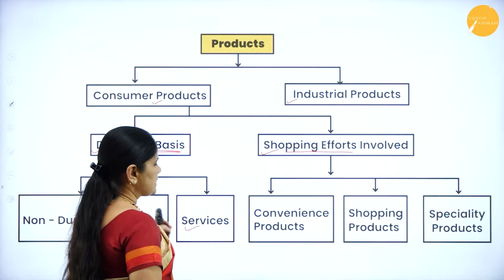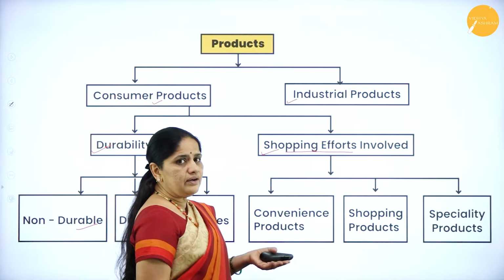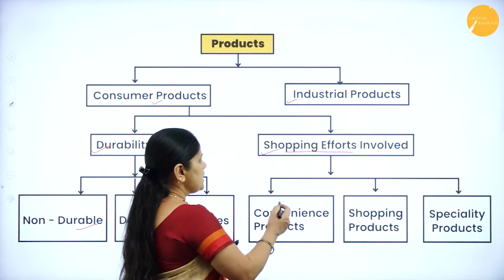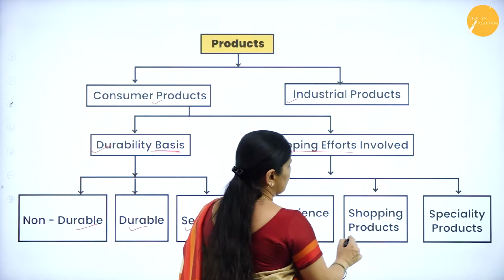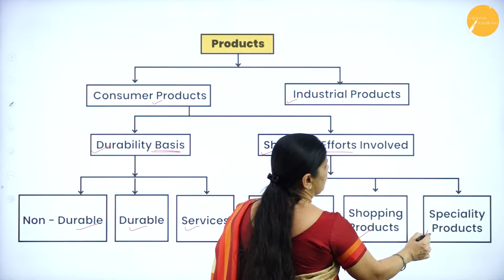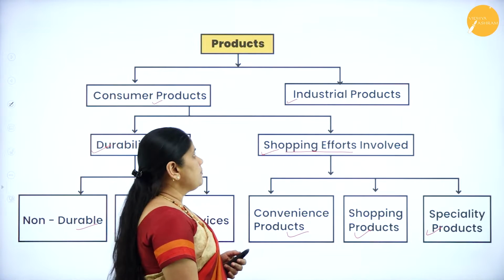So, we have three types. We will look into them in the next slides. Next, in the shopping, we have the convenience products, shopping products, and the specialty products.